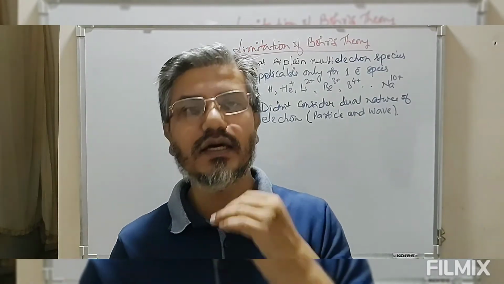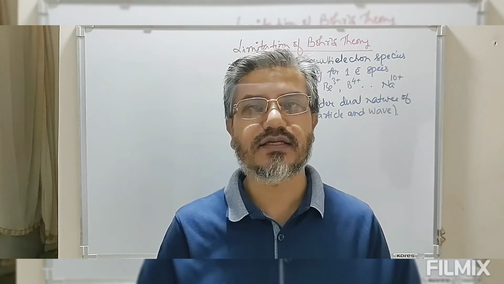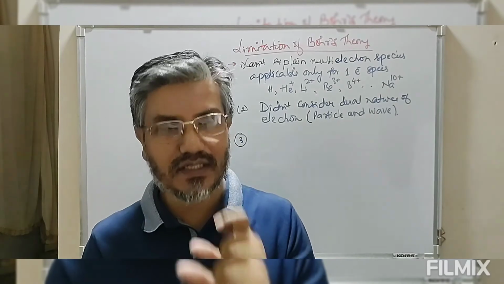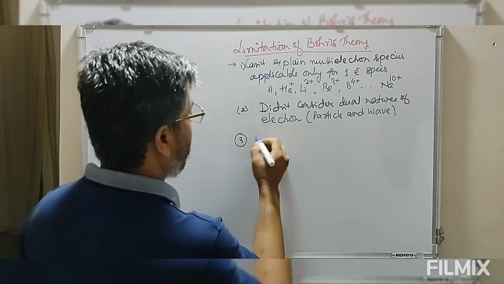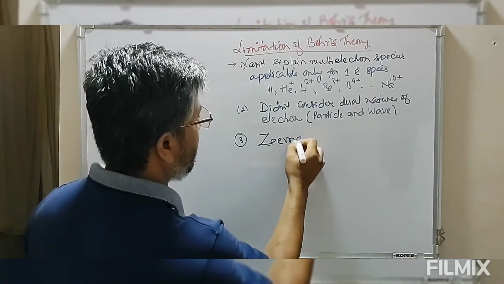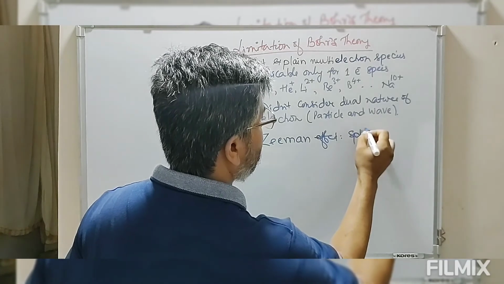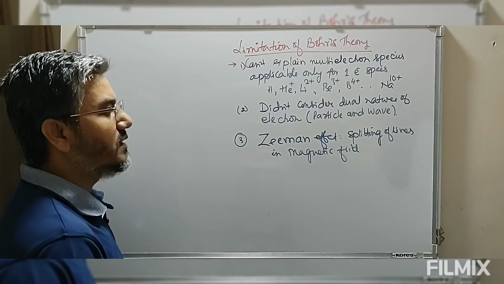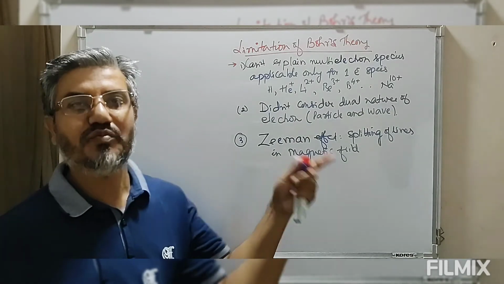But when this single line is placed in a high resolution field like an electric field or magnetic field, it consists of a number of sublines, meaning the single line undergoes splitting into a number of lines. This splitting could not be explained by Bohr's theory. That is the Zeeman effect, the splitting of lines in a magnetic field. When a single line is placed in a strong magnetic field, it splits into a number of lines. This Zeeman effect could not be explained by Bohr.